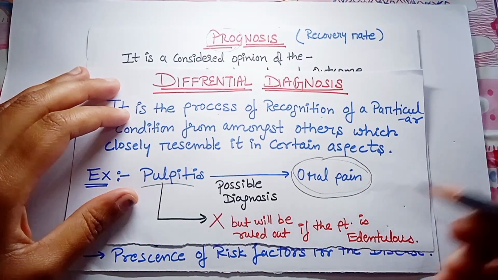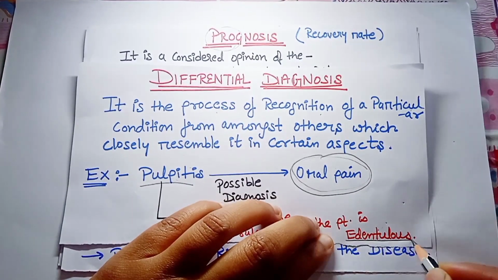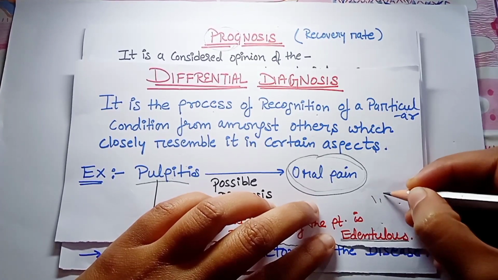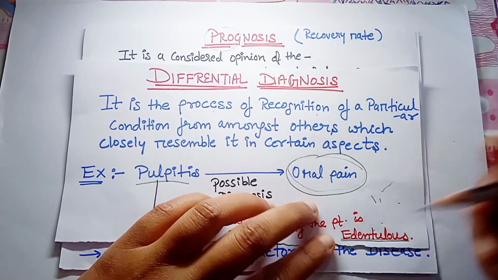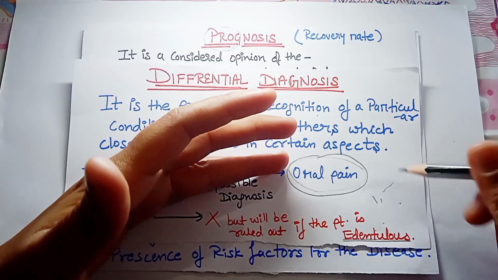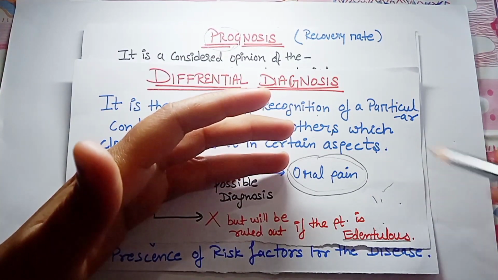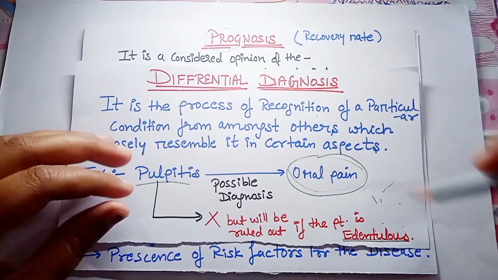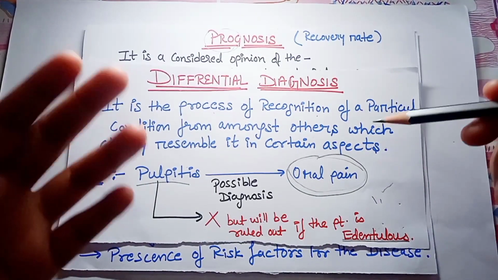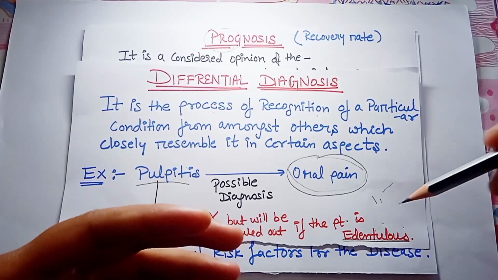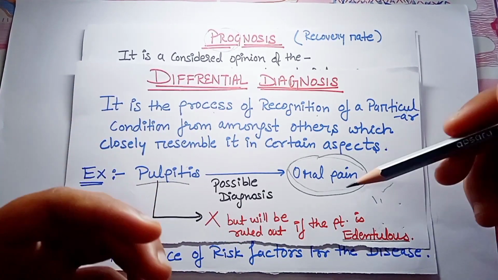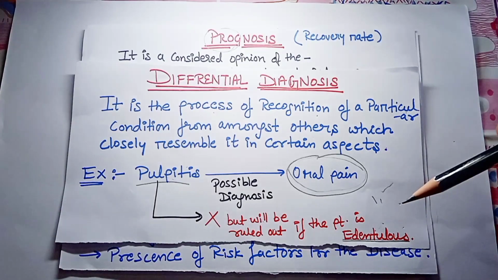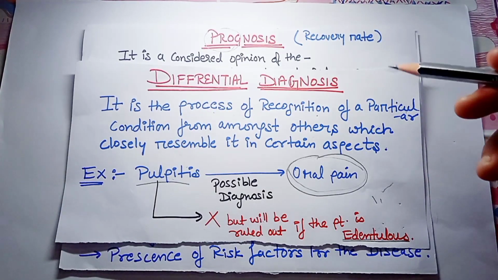When a patient is said to be edentulous, it means he has one or more than one teeth missing, or maybe his whole set of teeth are missing. So the patient is termed as edentulous. In case of an edentulous patient, the possible diagnosis for oral pain could be denture stomatitis.